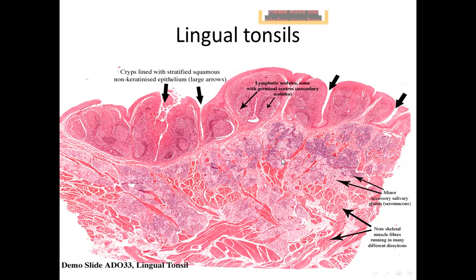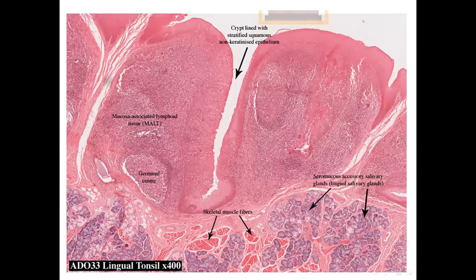The parenchyma of the lingual tonsils also has lymphatic nodules, some with a germinal center, which are secondary, and others primary. This is a close image of a lingual tonsil slide.